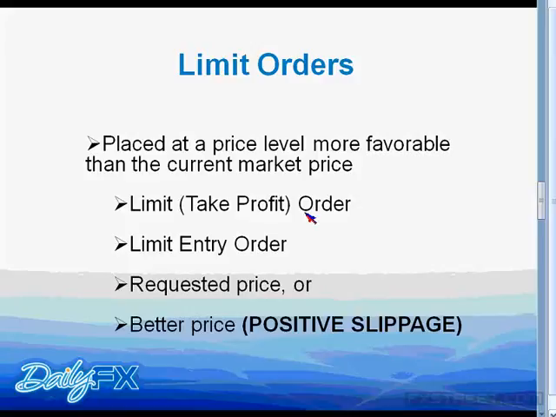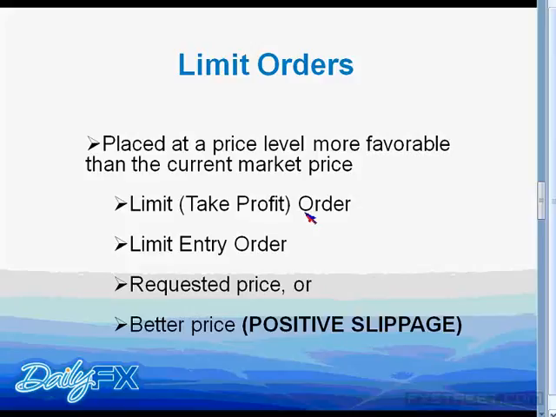Now, limit orders, which is the highlight of this series, are placed at price levels more favorable than the current market price. So again, if we are long in the market, if we're buyers in the market, and we want to take profit at a higher level, that means we're entering a sell order at a much more favorable price.